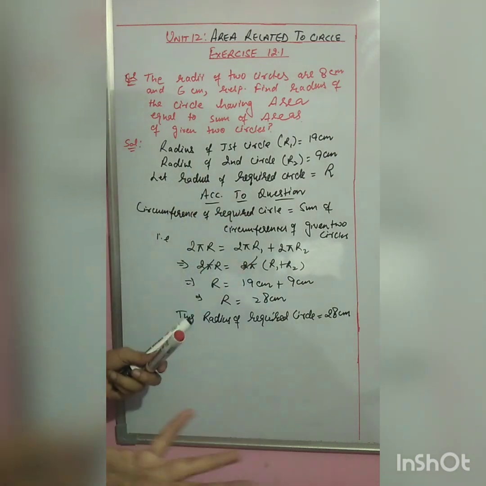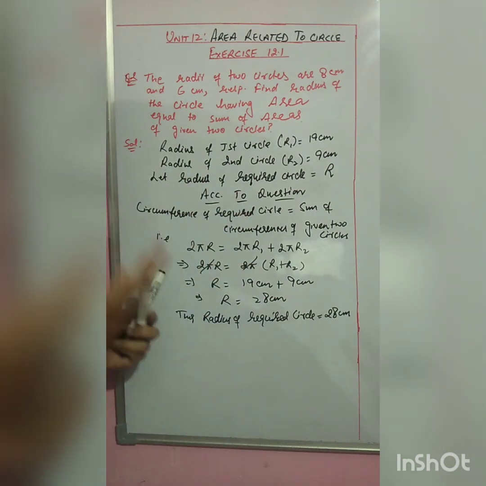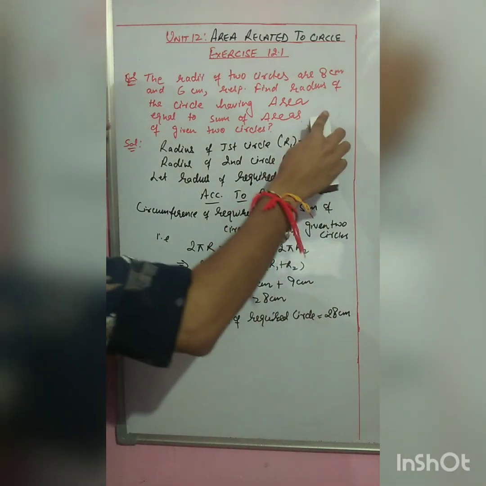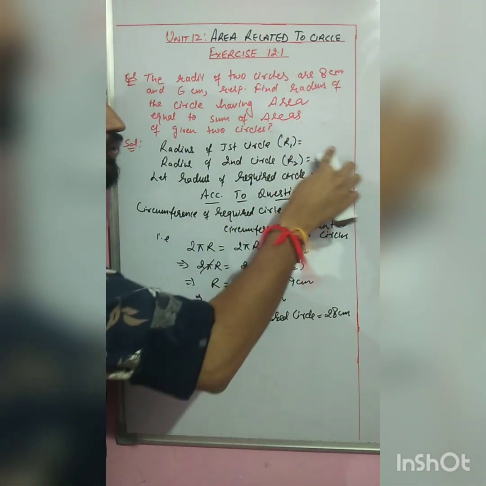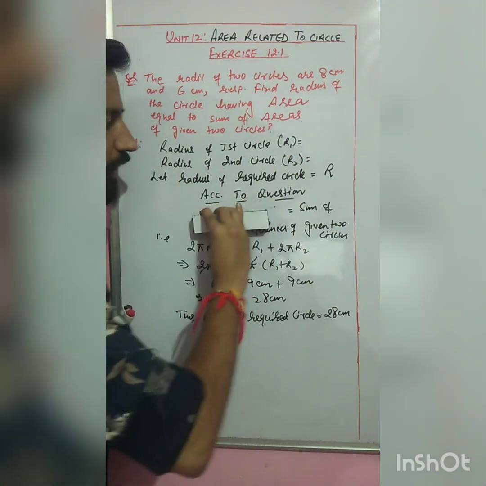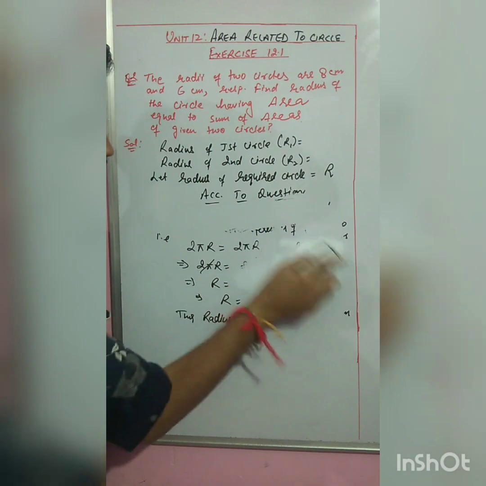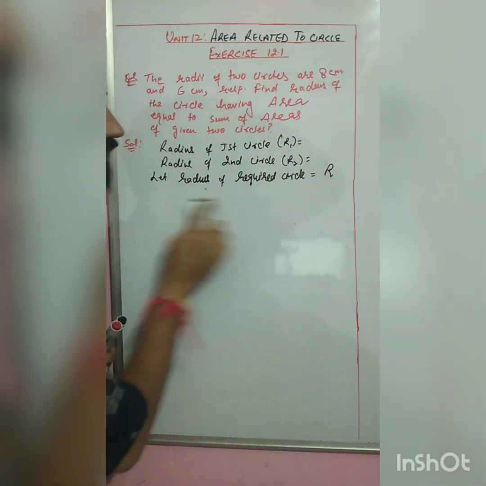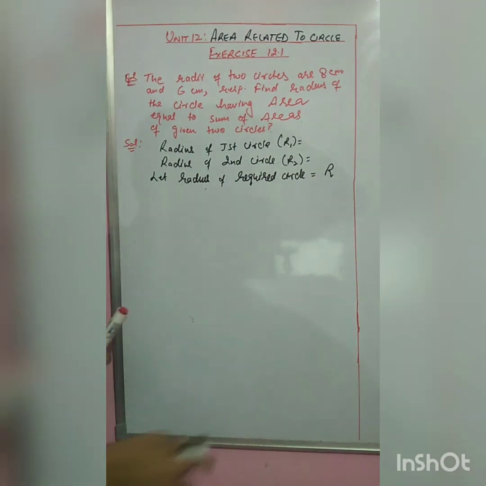So it is the same as this question. We just have to follow the same path, just use the formula of the area. So we are given two circles whose radii we know, and according to the question, the area of the required circle would be equal to the sum of the areas of the given two circles. So let us go for that.